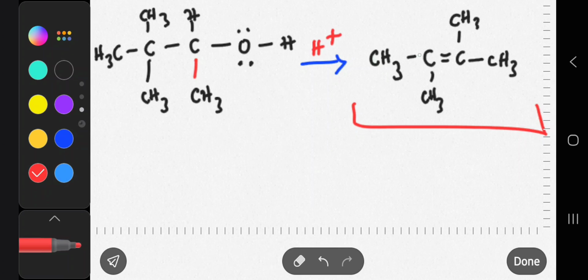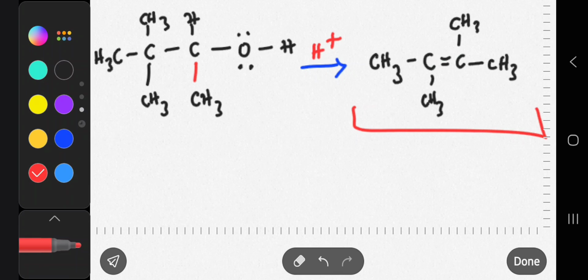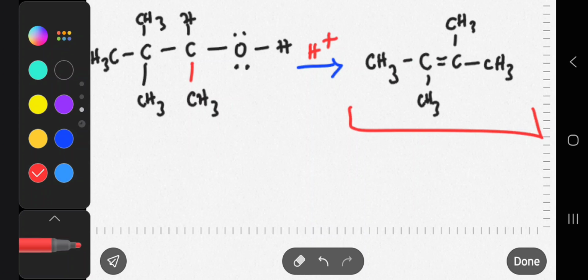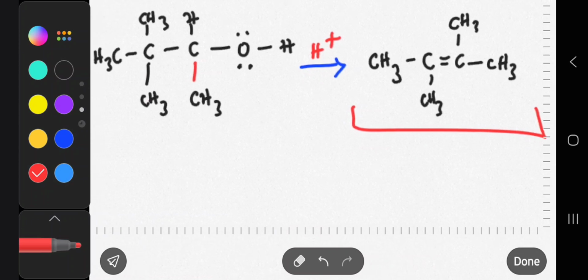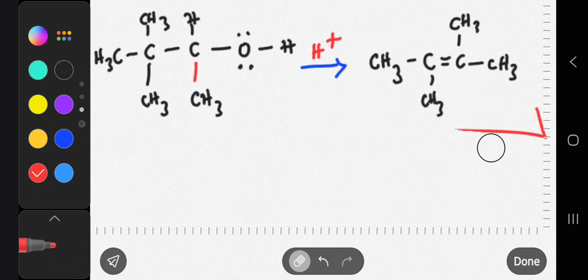This is 1 2 3 4, so this is basically a butene, right? But a substituted butene. We can try to name it if you want: 2,3-dimethyl butene.